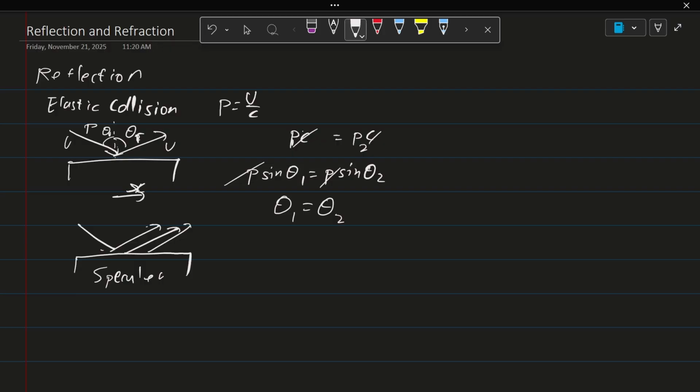But for a diffuse reflection, it has jagged lines or a jagged surface. So what will happen is that the light will reflect at different angles, something like this. When you combine them all together, it will be all jumbled up.